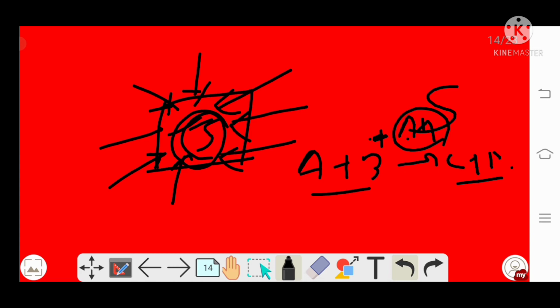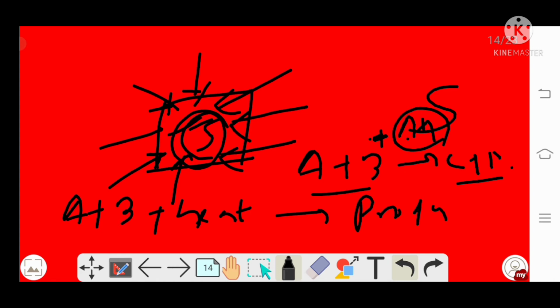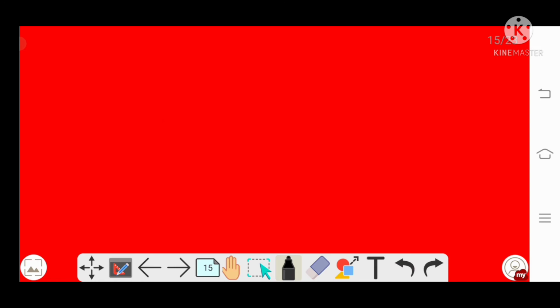So what is the proper expression? A plus B plus heat equals product. This is the proper expression for endothermic reactions. So an endothermic reaction is one in which heat is absorbed by the system from the surrounding.